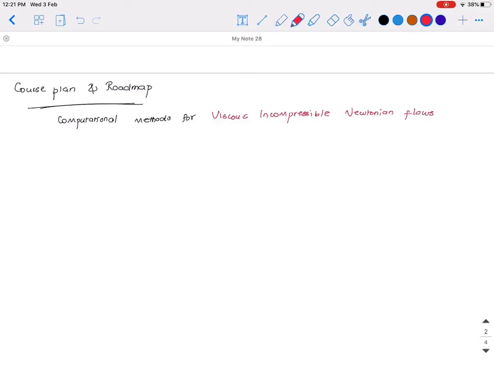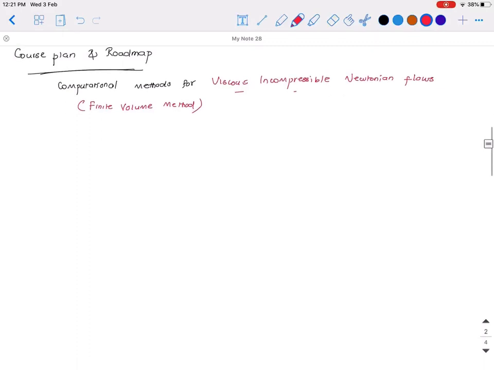Okay, so we are going to develop and discuss computational methods for viscous, incompressible Newtonian flows, and the computational method we are going to focus on specifically is the finite volume method. Okay, you don't have to know what the finite volume method is now. We will discuss it during this course. But you should know what viscous flow is, what incompressible flow is, and what a Newtonian fluid is. Okay, so that you have to know.